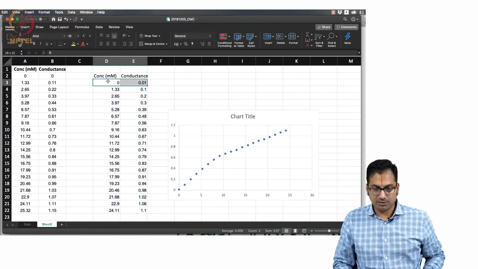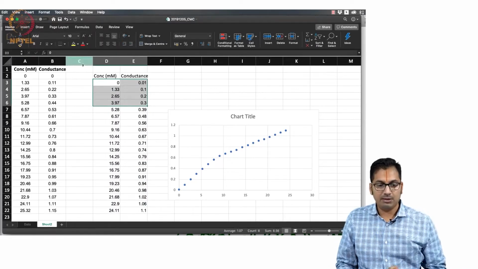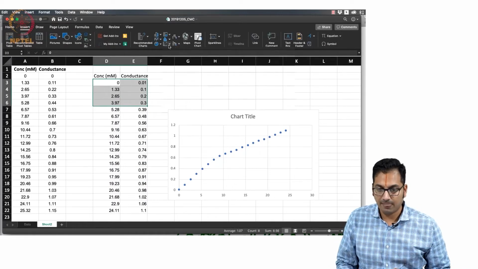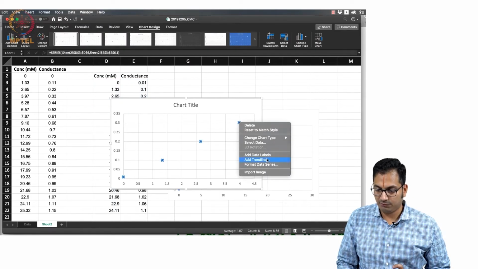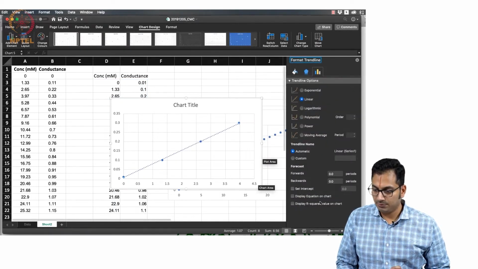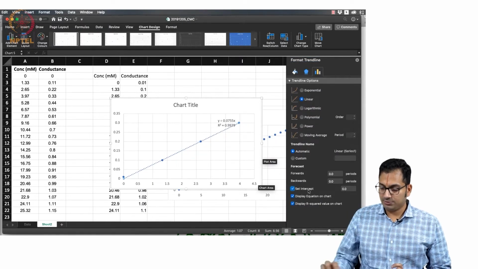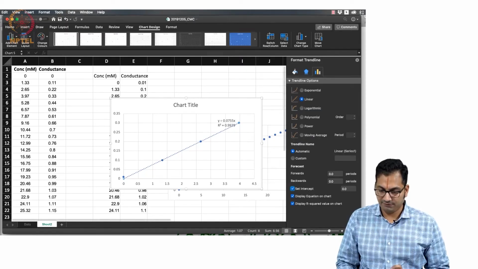So let us assume that for the initial few points, the conductance comes purely from the monomer that has not formed micelles. So what do we get here? We get a slope of 0.0755.